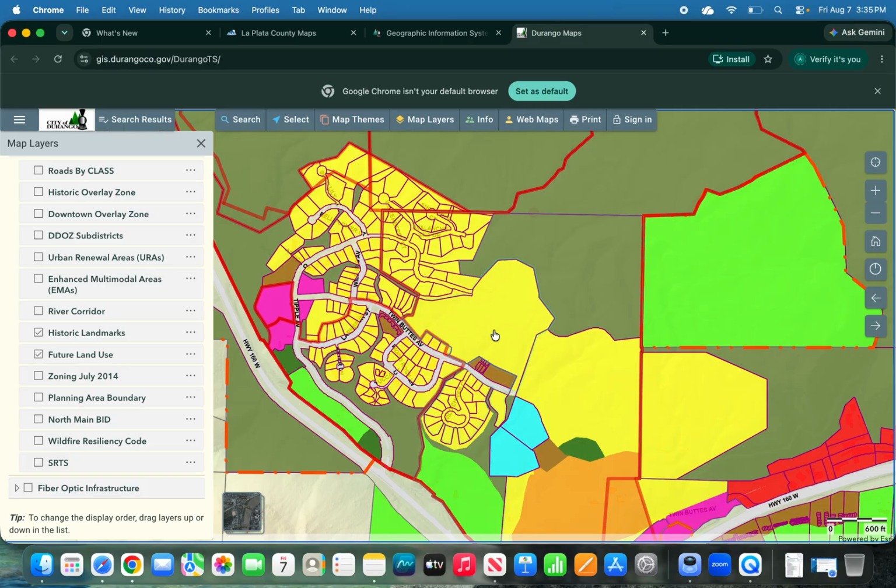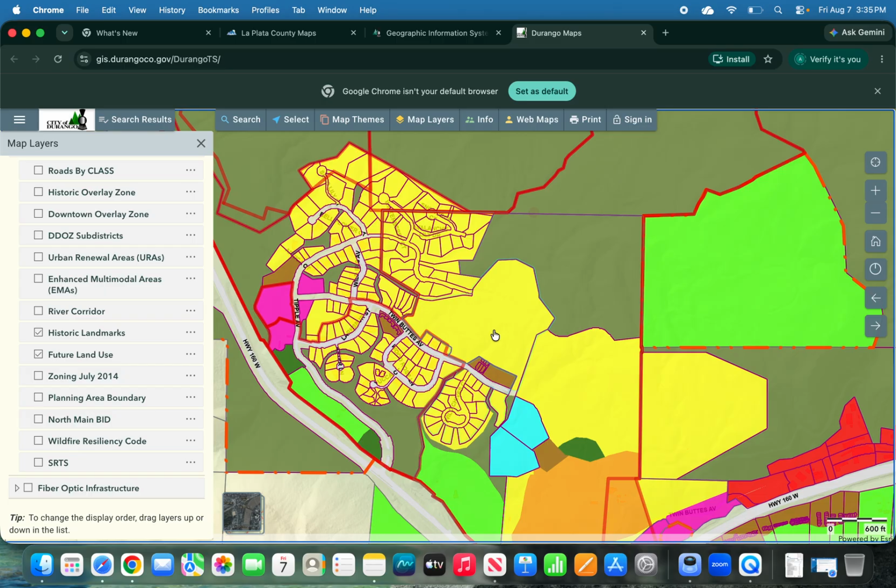So that means that we have multiple types of uses, and the planning is continual until the project is completed because we can make adjustments depending on what happens with market trends. Is absorption better for larger lots or smaller lots, etc. So we can make little tweaks throughout the process of developing out Twin Buttes.